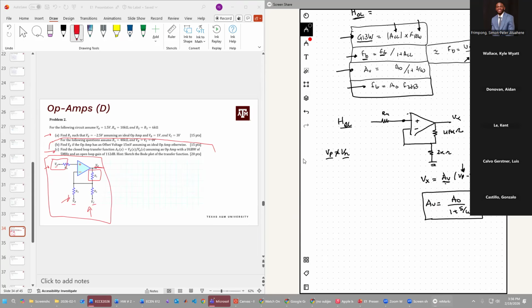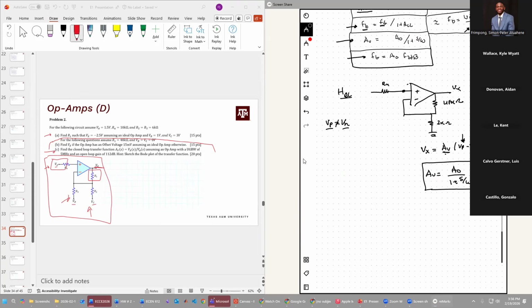Okay. So Vn is actually pretty easy to find. By the way, we still assume the current going in is really small, close to zero.